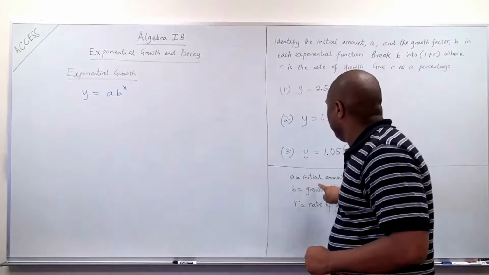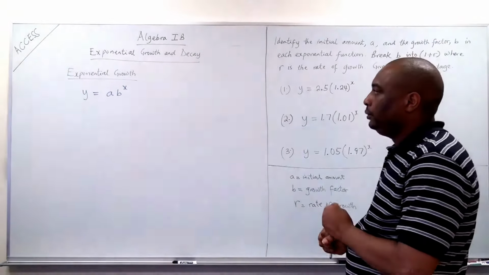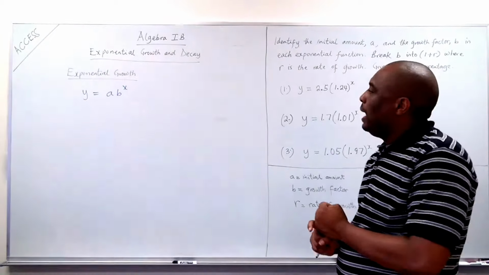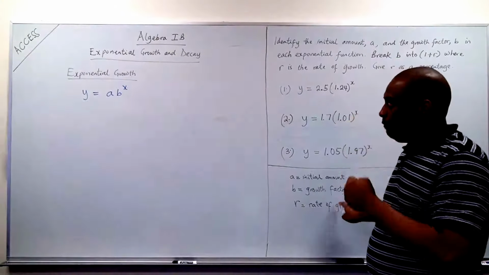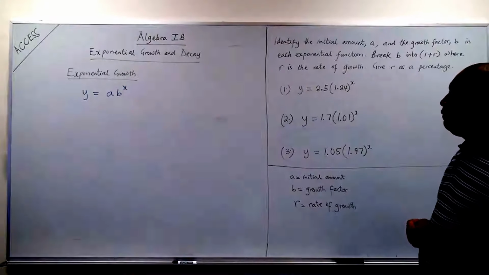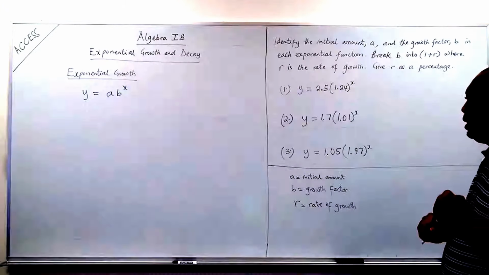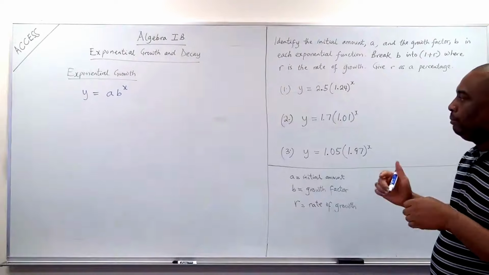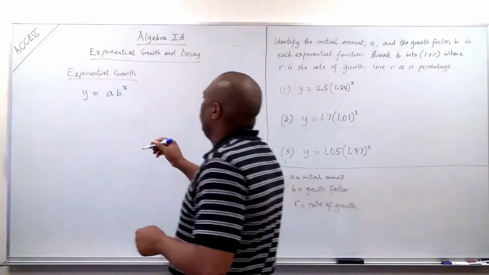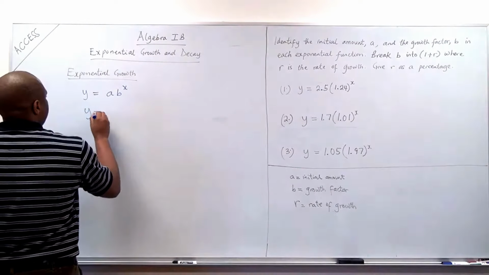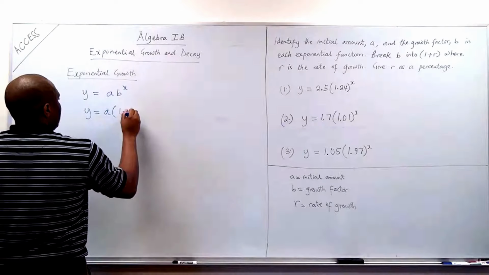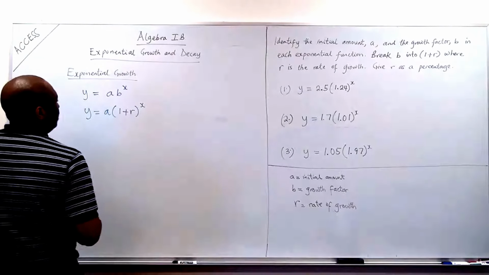Now, a is what we call the initial amount, and b is what we call the growth factor. And of course, we can break the growth factor up to be 1 plus r, all raised to x.